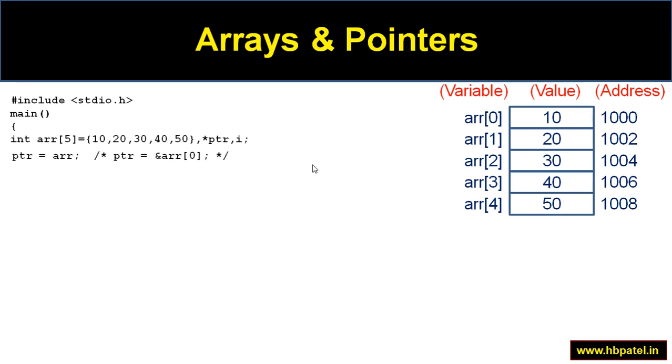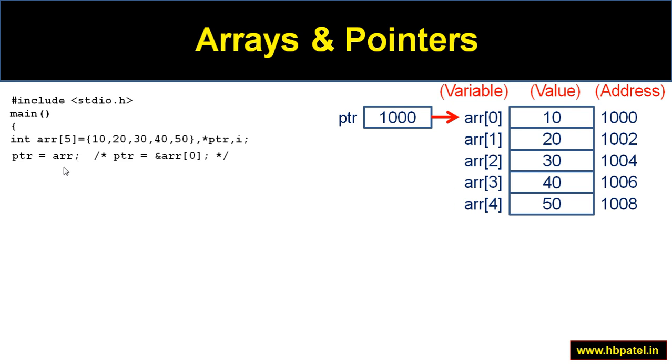Now we have one pointer also, star PTR, which I am showing over here. Now this is important, so you need to pay attention. Now, PTR equal to ARR. ARR is my array name, and I have not put anything after it, not ARR[0] or ARR[1]. So far we have always specified the array with some index, maybe 1, 2, 3, 4, or maybe I or j.